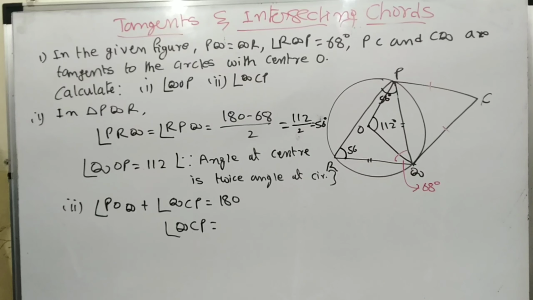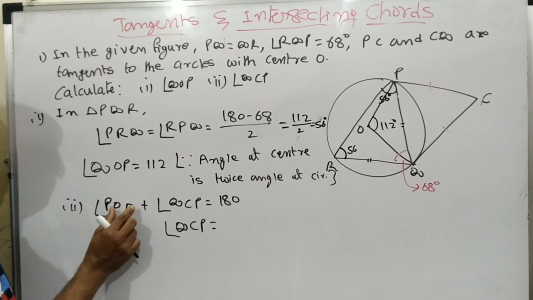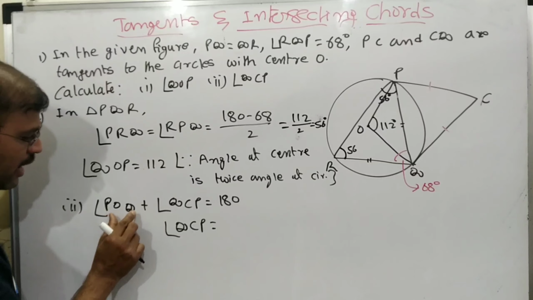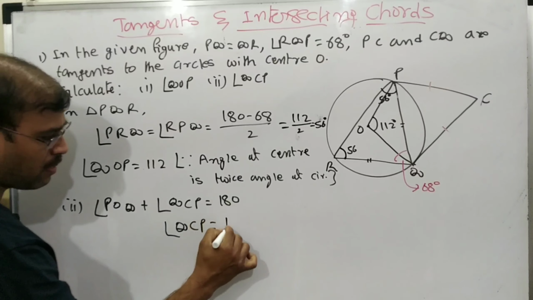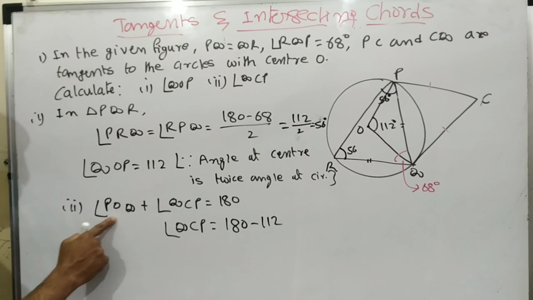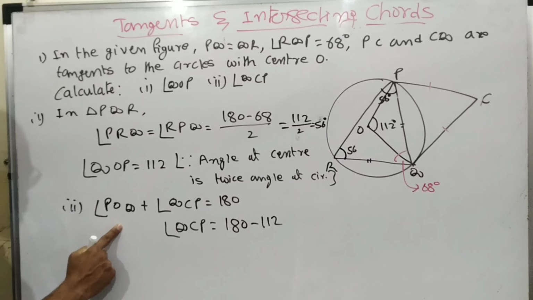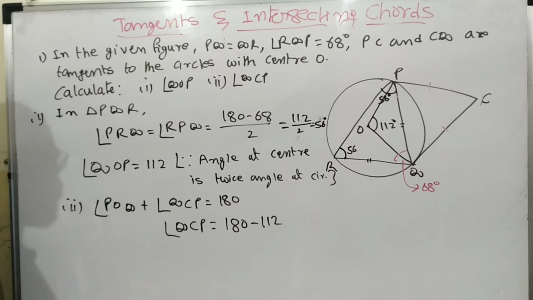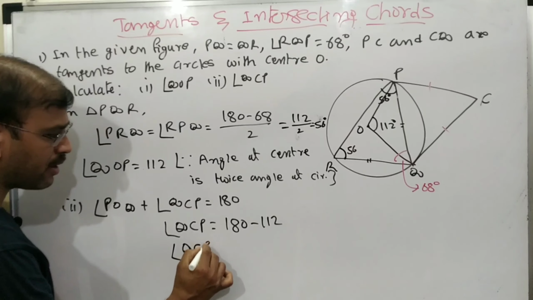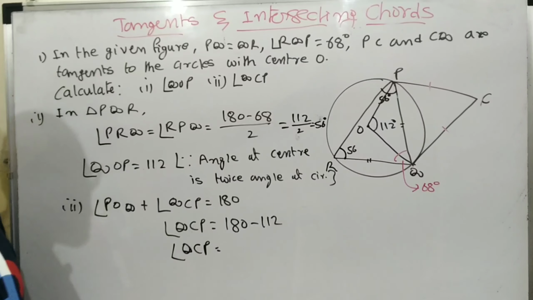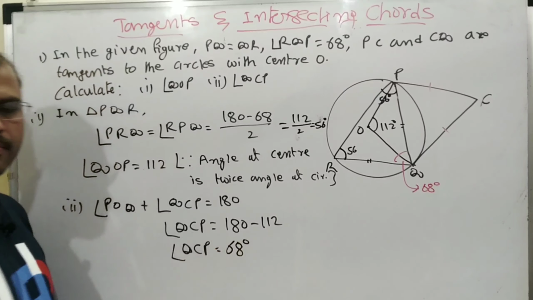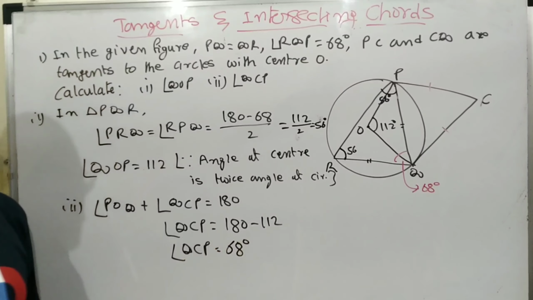Keeping it on one side of the equal, POQ is how much we got? 112. This 112, you take to the other side: 180 minus 112. So QCP equal to 180 minus 112, that will be 68 degrees.